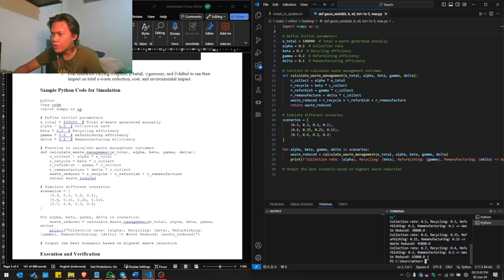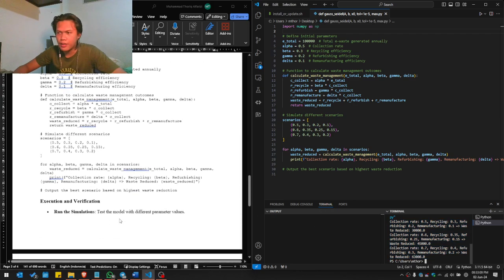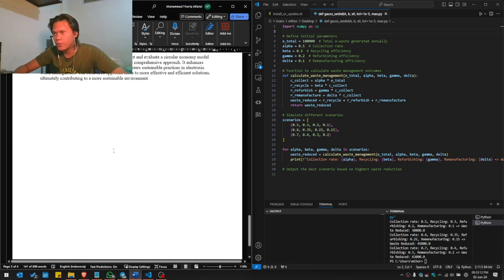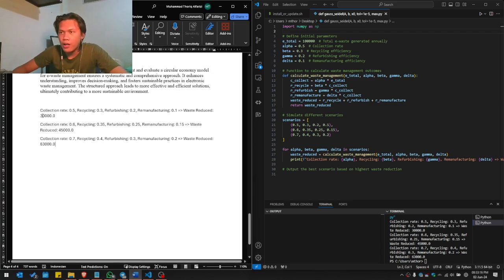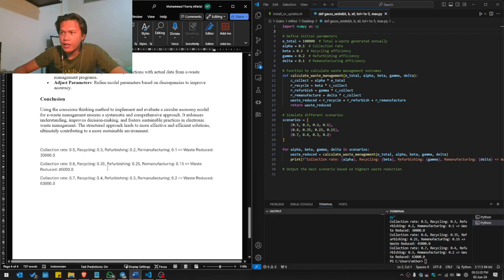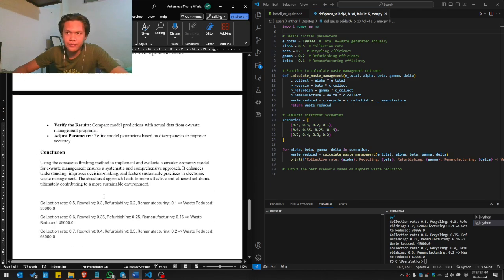It is straightforward that we have our solution, and I will copy the answer here and insert it right here. So we have our collection rate, recycling, refurbishing, remanufacturing, and the waste reduced, and it is repeated 3 times.